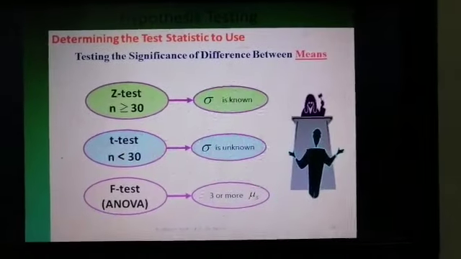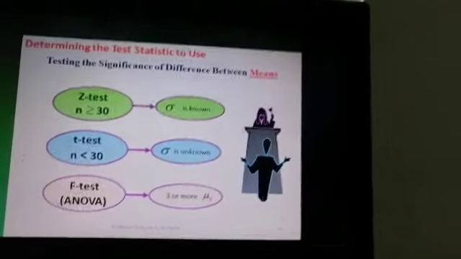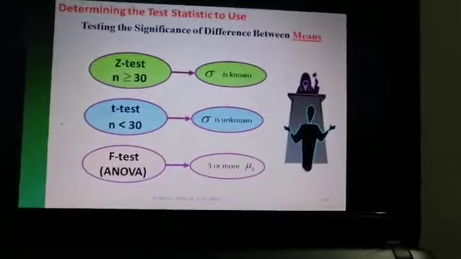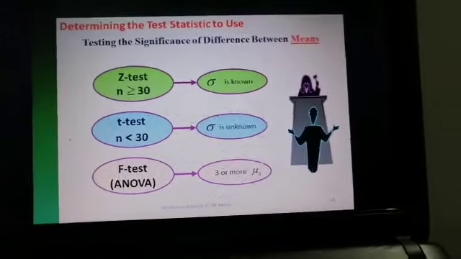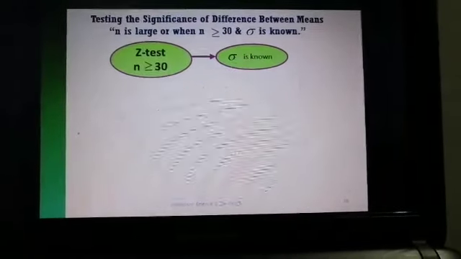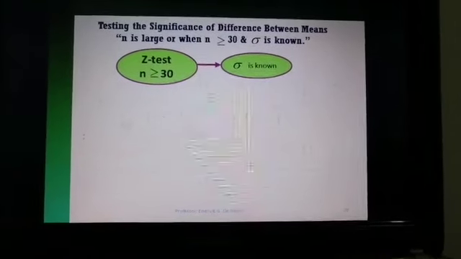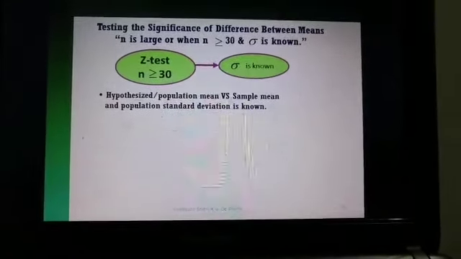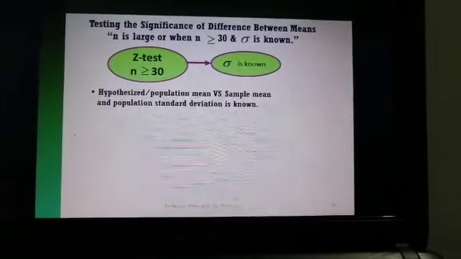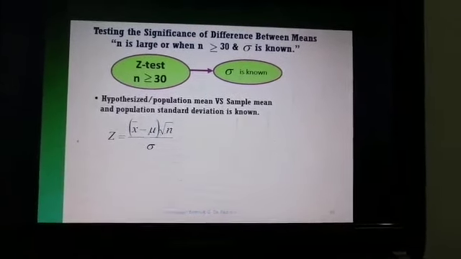So to start with the hypothesis testing, I would like you to recall the different z tests. So last time we have z test for one sample mean, tama? So that is comparing the hypothesis or the population mean to the sample mean. And again, you can only use this formula if the population standard deviation is known.